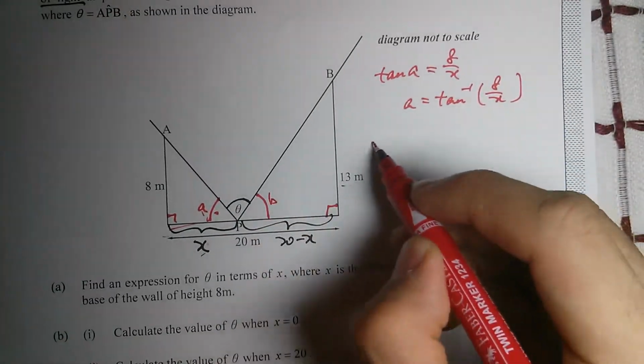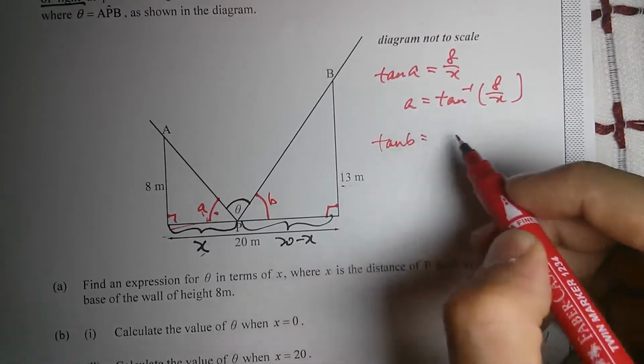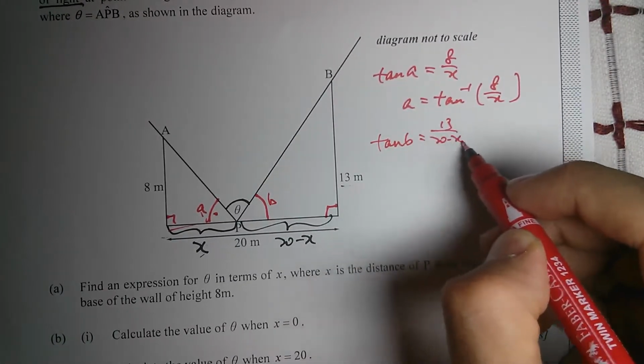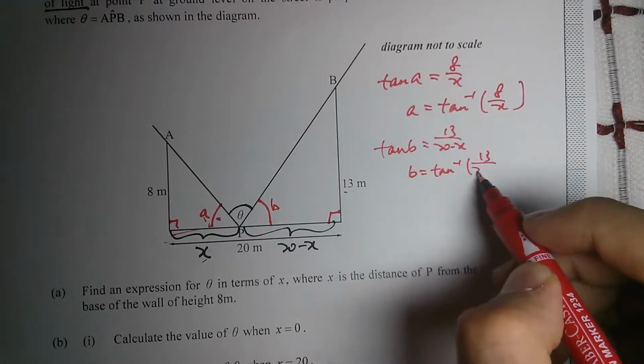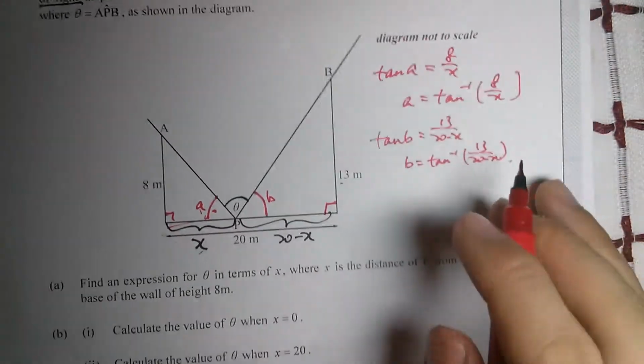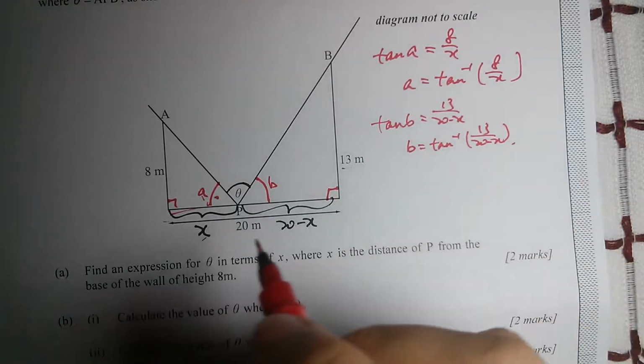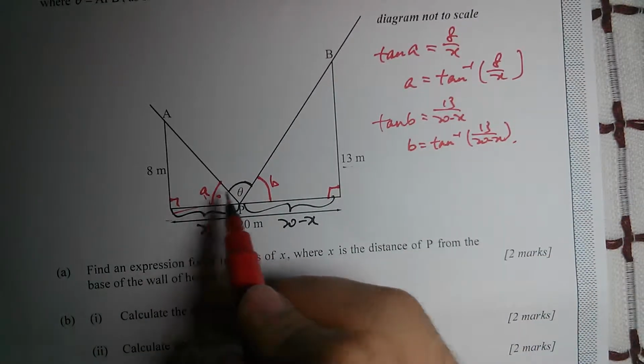Similarly, call this B. Tangent B is 13 over 20 minus x, so B is arctangent of 13 over 20 minus x. In that case, theta is found. Theta is just 180 minus A minus B.